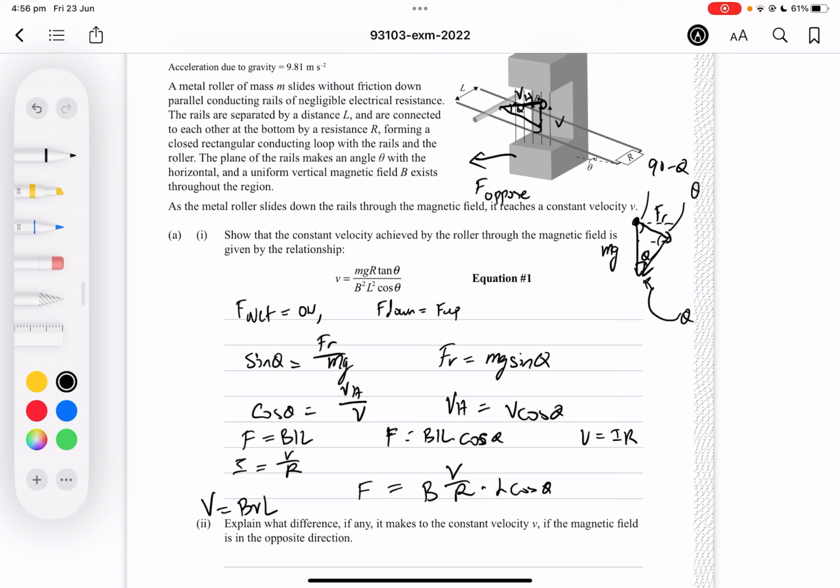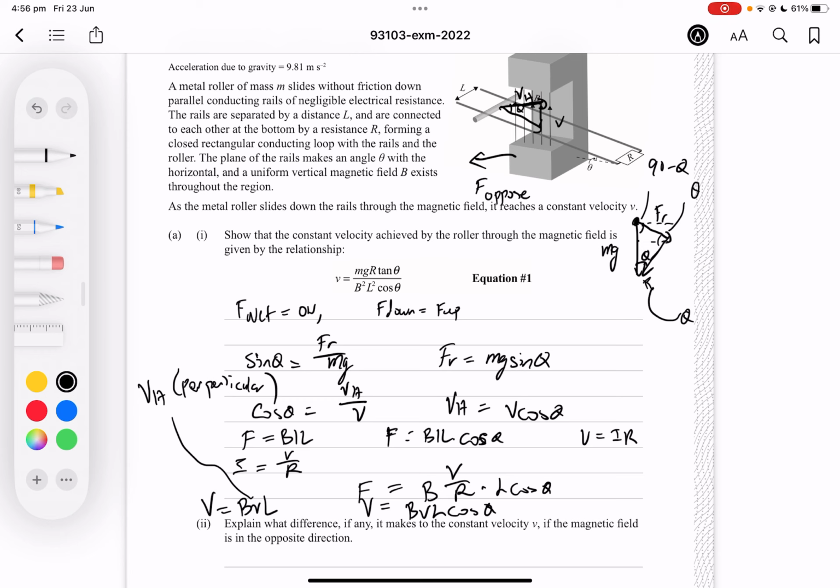So that will be the V_H component, not V. So V here will be equal to V_H, the perpendicular component. So in this case, V equals BVL cosine of theta.